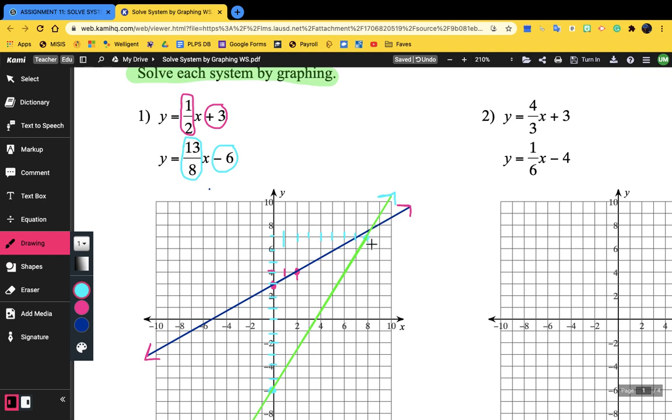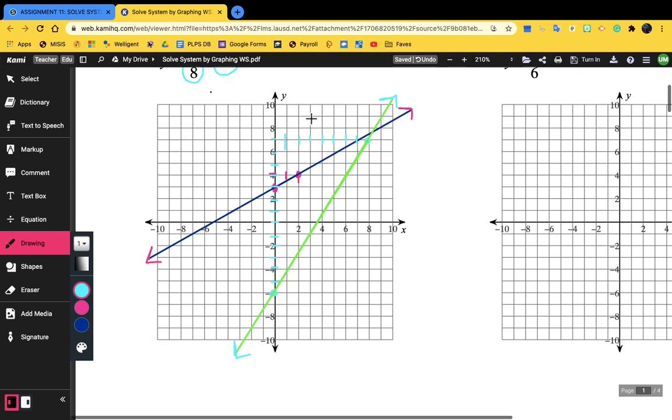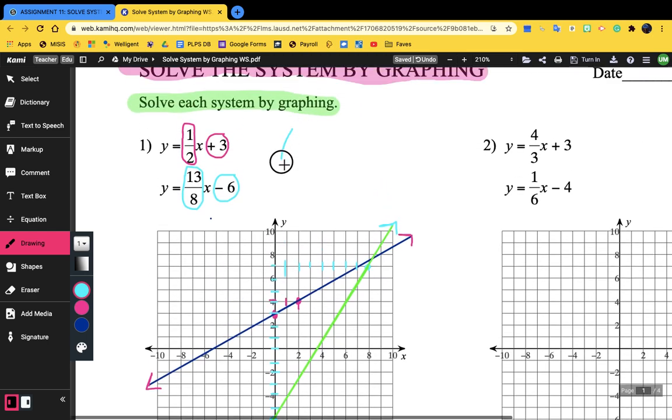It looks like they cross on, I don't know, 8.5 and 7.5, maybe. So 8.5, comma, 7.5.